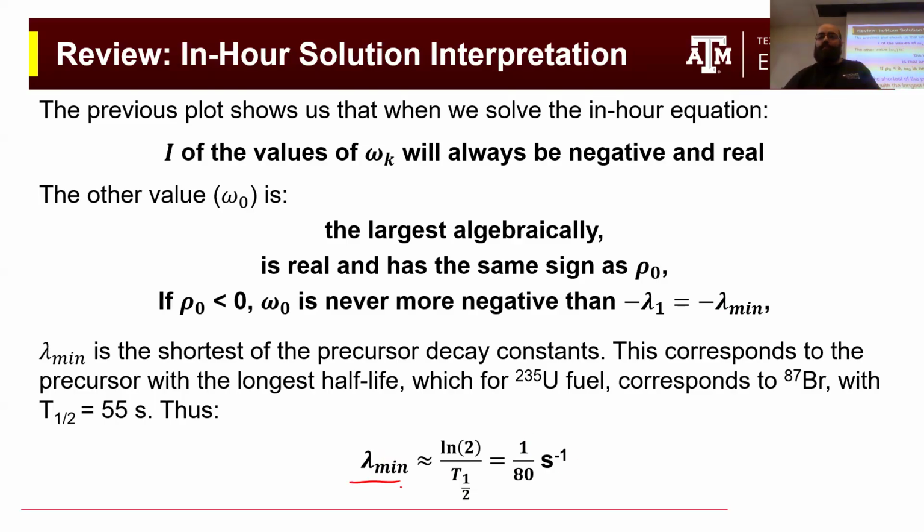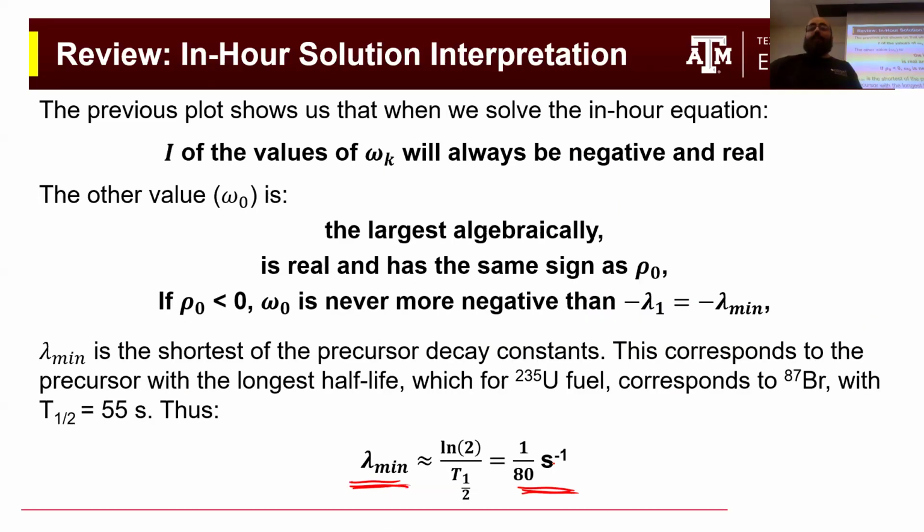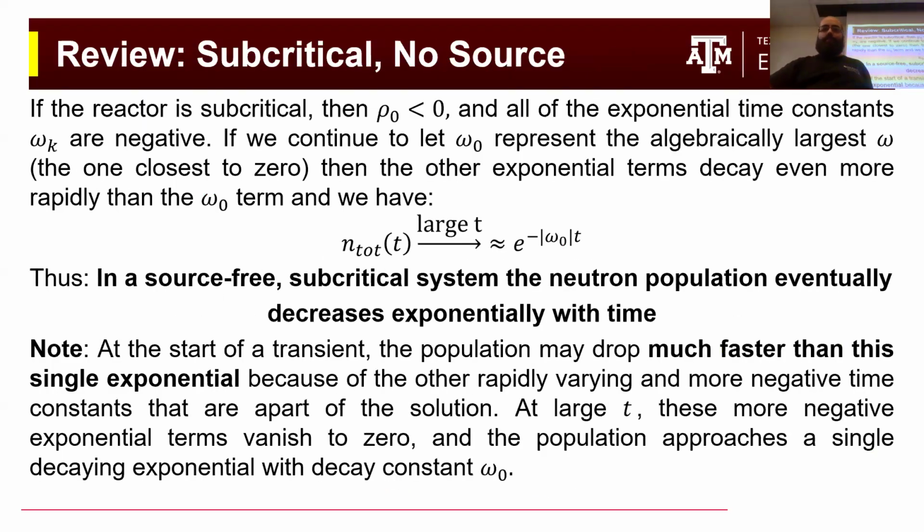So this lambda min is the corresponding time constant that you would see on this vertical asymptote right here. And that also limits how fast our reactor can shut down. So that's one thing that I'm going to talk about in a sec.